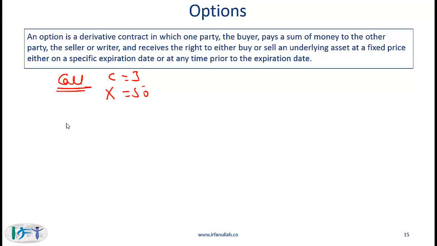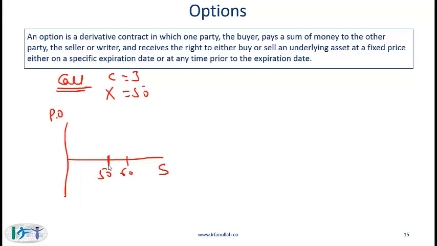What does the payoff look like? With the payoff diagram, we indicate the different stock prices on the x-axis and the payoff is on the y-axis. We first mark the strike price of 50. If at expiration the stock price is 60, then what will happen?